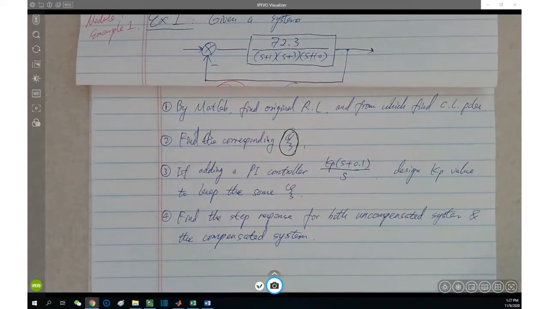Find the step response also by MATLAB. Obviously, we're not hand sketching the time response. Okay, don't take it wrong. It's a MATLAB work. Like I said, it's about the final project. It's very close. Now let's see how to do this problem by using MATLAB.